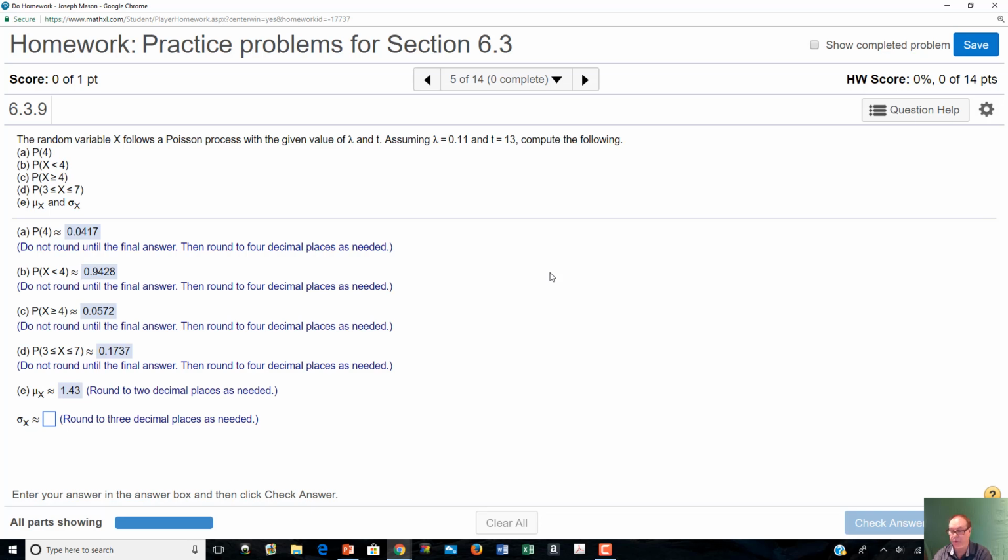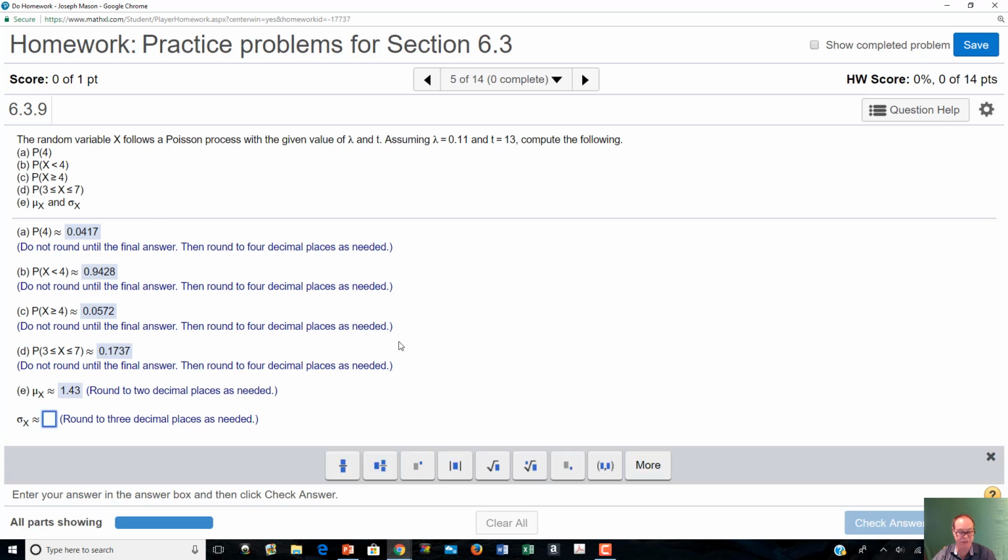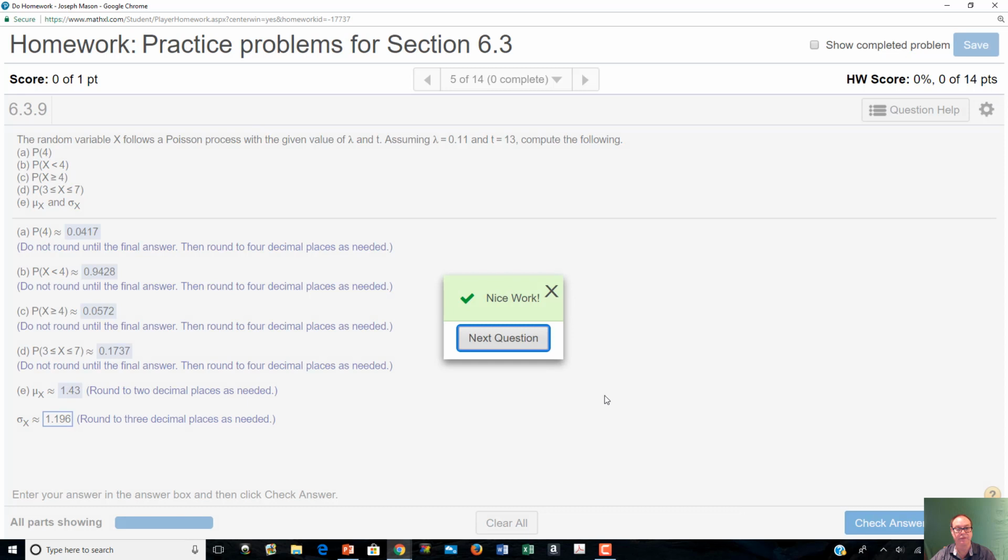My calculator wasn't working. Okay, it rounds off to 3 decimal places. So this is going to be 1.196. And check your answer. Okay, so that's using the Poisson distribution.